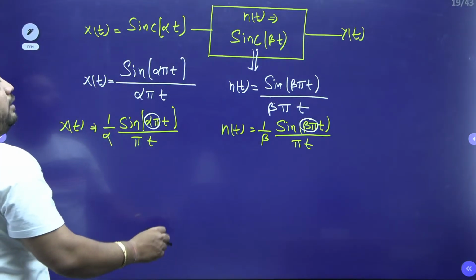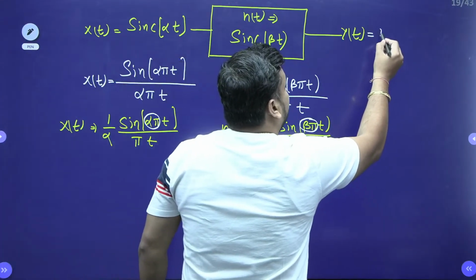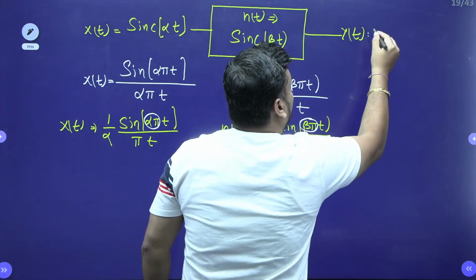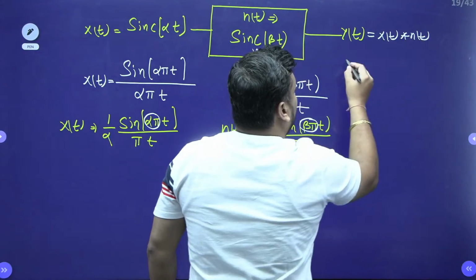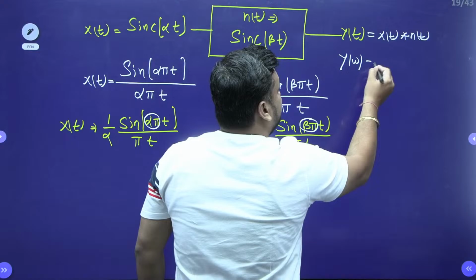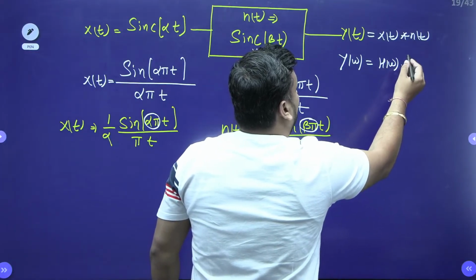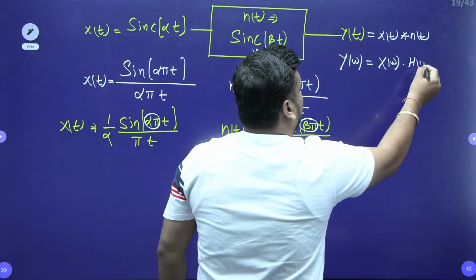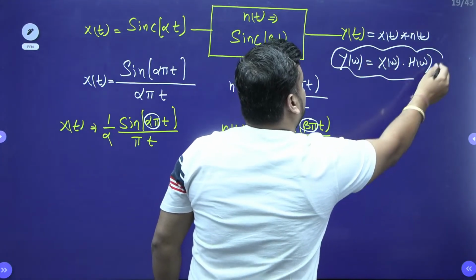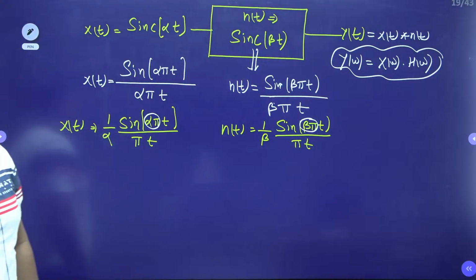And we know that in the time domain, y(t) is nothing but x(t) convolution with h(t). But in the frequency domain, Y(omega) is equal to X(omega) times H(omega). Convolution in time is nothing but multiplication in frequency.